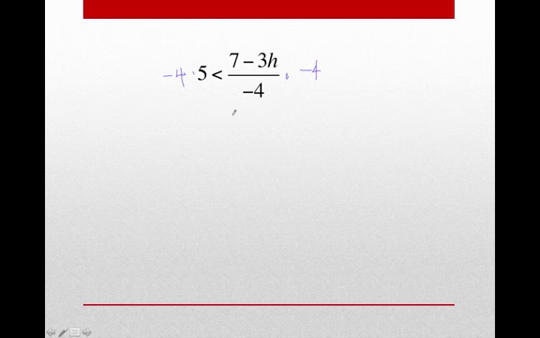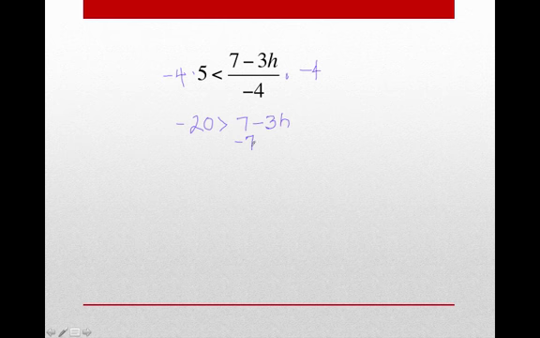As I multiply by a negative number, that will flip my inequality. So I've got negative 20 is now greater than. These cancel out. I've got 7 minus 3h. Okay? I've got two things on this side and one on this, so I'm okay to go ahead and isolate.